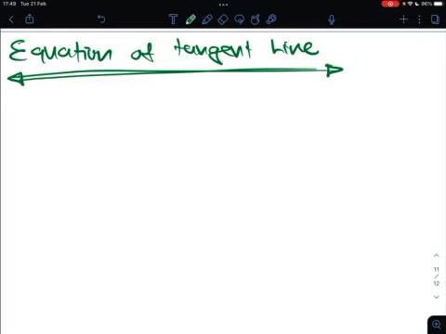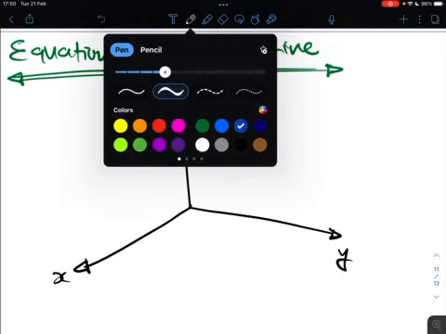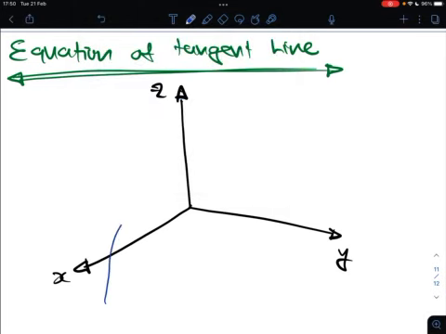A tangent vector and the equation of a tangent line are different, you see that? So let's try to understand in what way they are different. So x, y, z. Let's draw maybe a typical space curve in this region. So it's going like that.